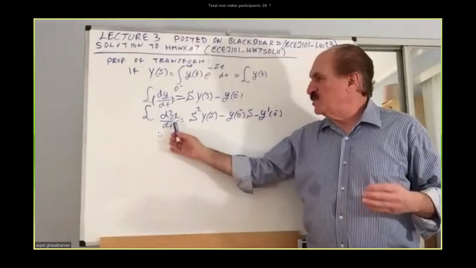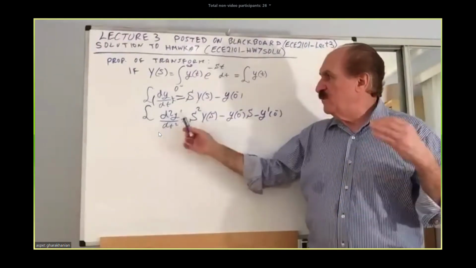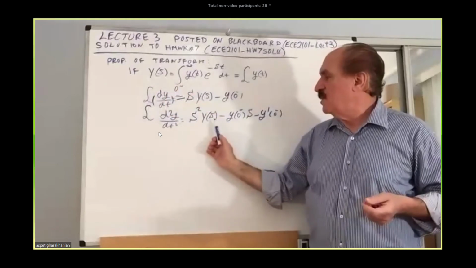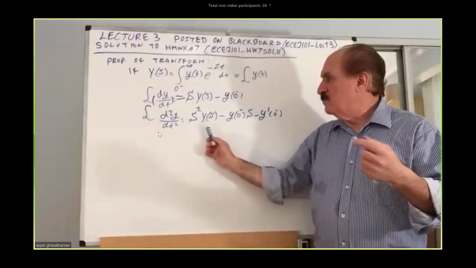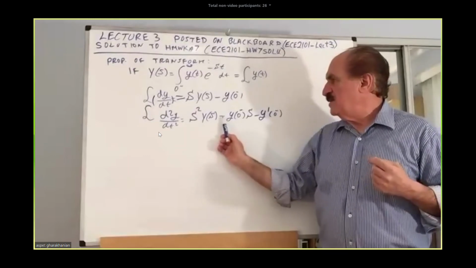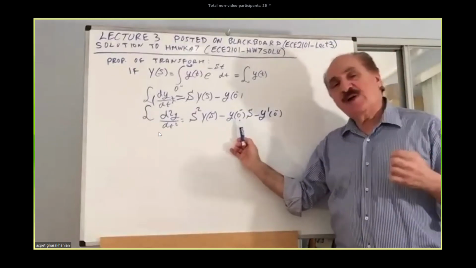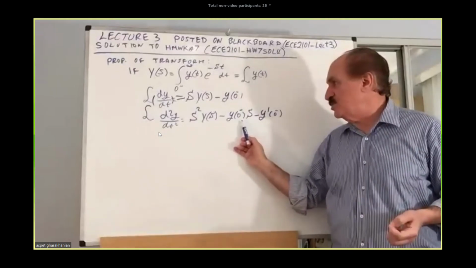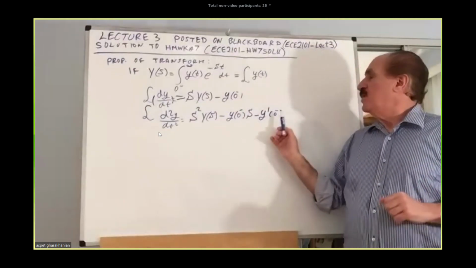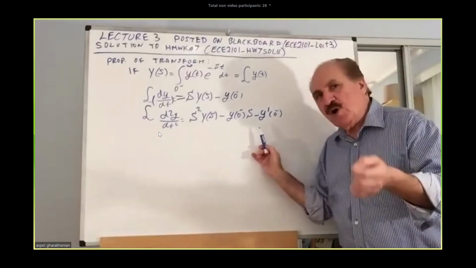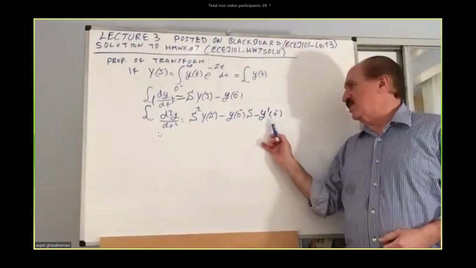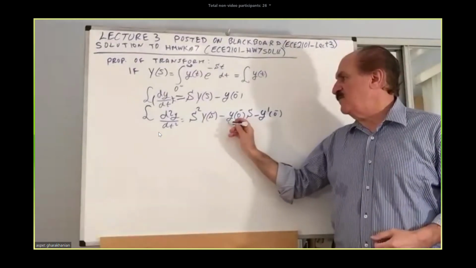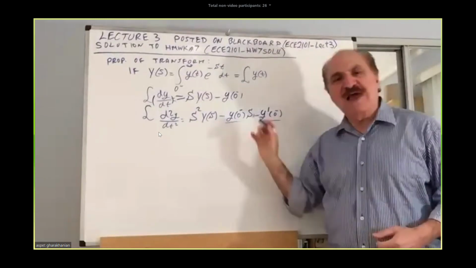Laplace transform of the second derivative of a function y, where the Laplace of y is known, is s squared multiplied by y of s minus s times y of 0, the initial value of the function at time 0 minus, minus the initial value of the derivative of that function at the time 0. So these are kind of real-time information, initial values.